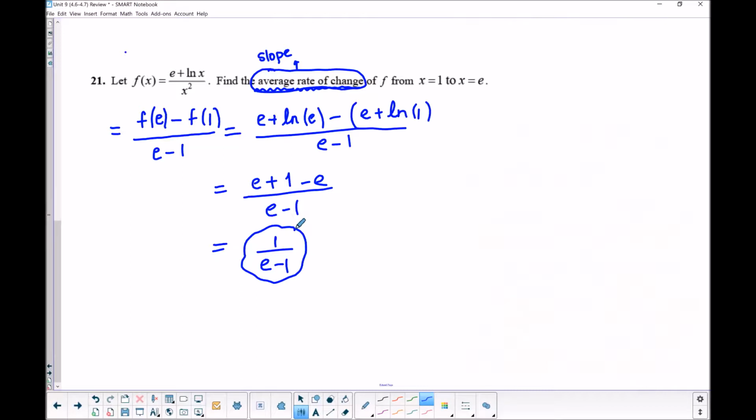But I think in large part, our issue here is twofold. We could not integrate this even if we wanted to. And secondly, I'm not so sure this is the thing that we want to integrate to answer this particular question. So in the AP review portion of the course in April, we're going to see problems on the AP exam that have the word average in them that will allow you two different approaches.